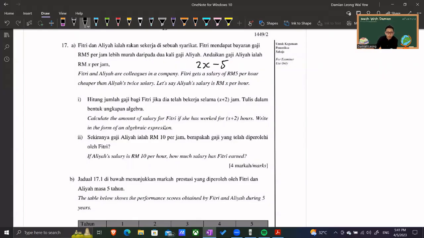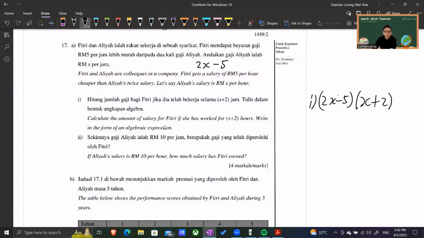So the amount of salary for Fitri if she has worked for x plus 2 hours, in the form of an algebraic expression, would be basically x ringgit per hour times, no, 2x minus 5 ringgit per hour times x plus 2 hours.